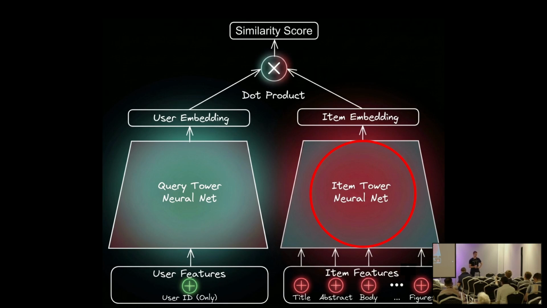Yes, this is correct. The user embedding is what comes out of the query tower, and we train the parameters of the query tower, which is basically one layer of MLP, so it's super small.